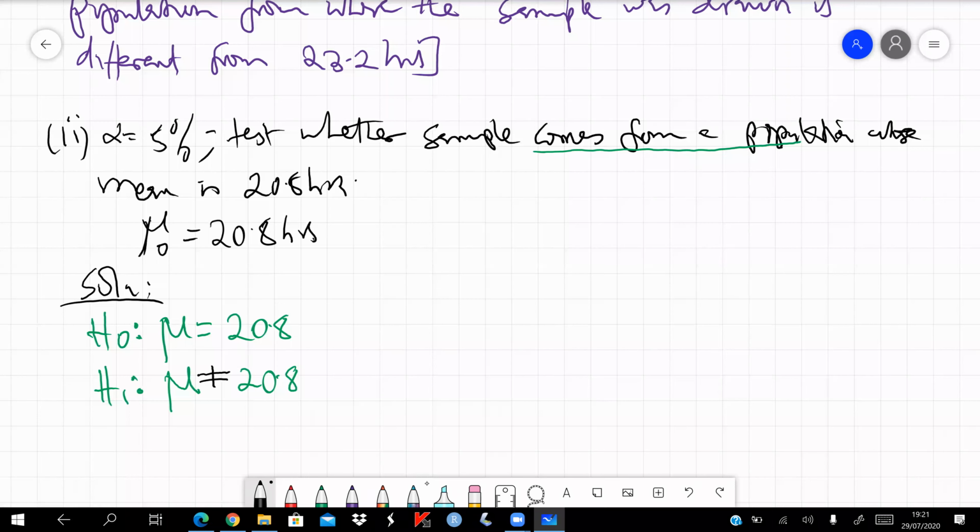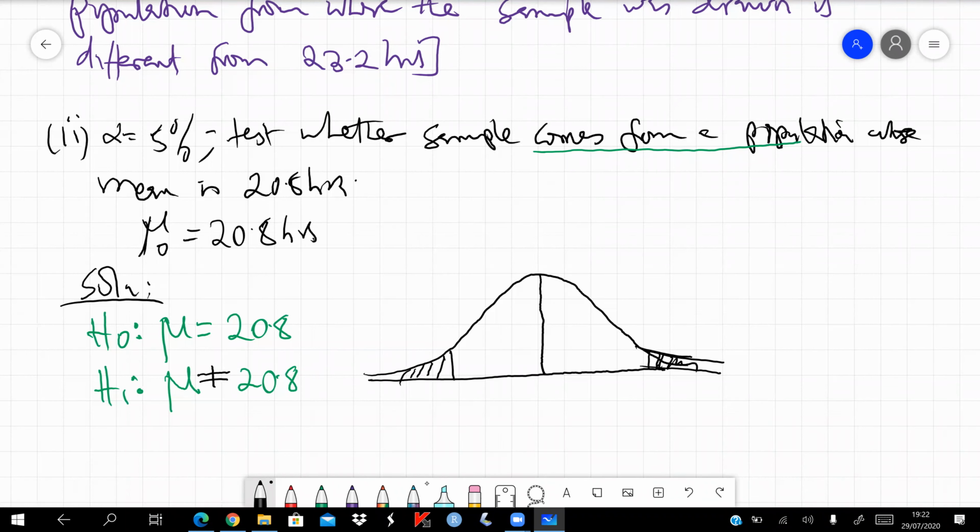So once you know that, that is calling for a two-tailed test at alpha is 5%. That kind of hypothesis is calling for a two-tailed test like this. So this is alpha over 2, which is 2.5%. This is also alpha over 2, which is 2.5% or 0.025.